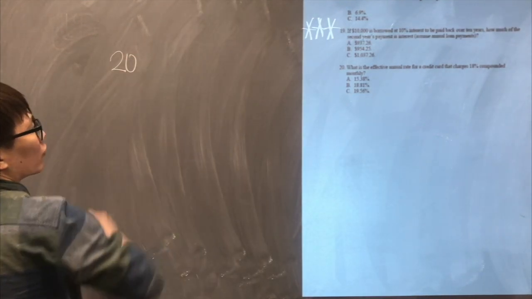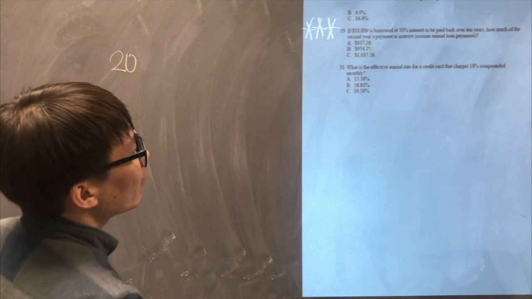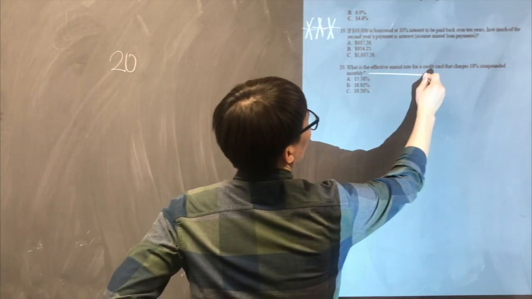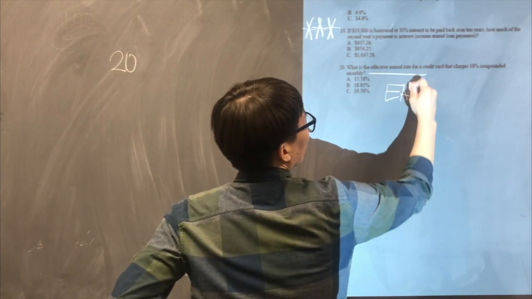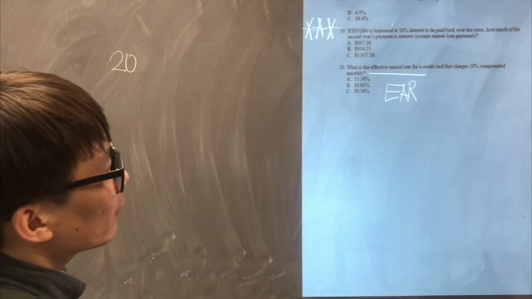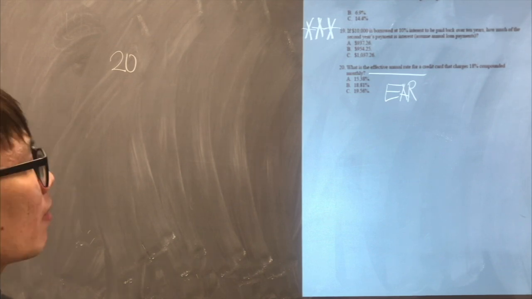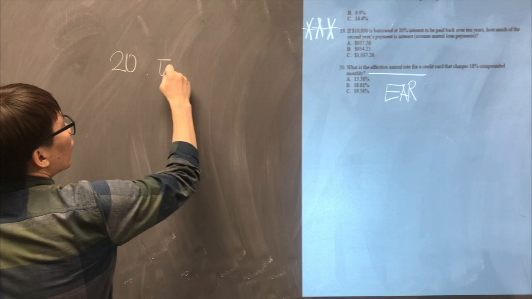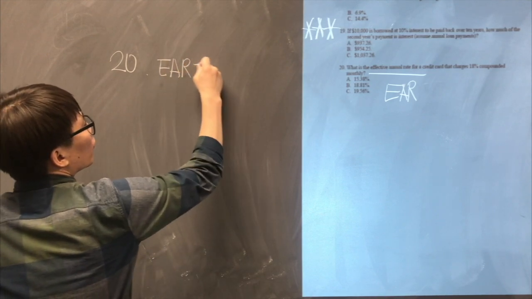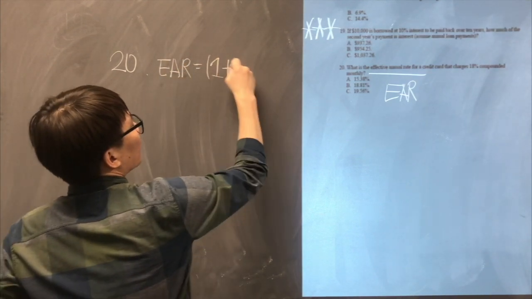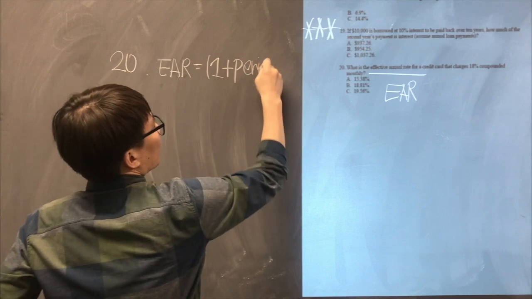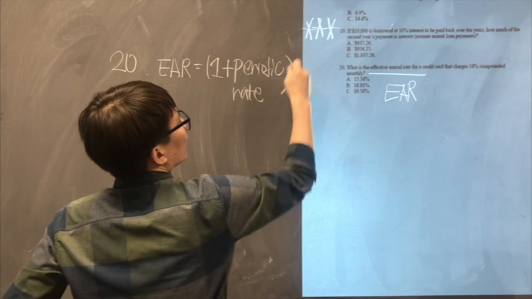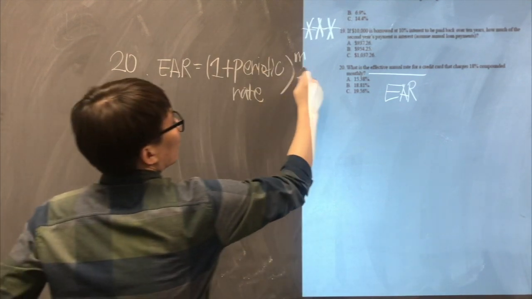Alright, last question. What is the effective annual rate, EAR, for a credit card that charges 18% compounded monthly? Okay, so how to calculate it? So EAR equals what? 1 plus the periodic rate to the power of M, and minus 1.